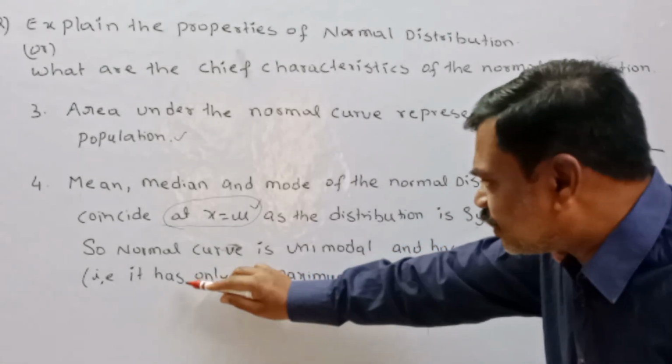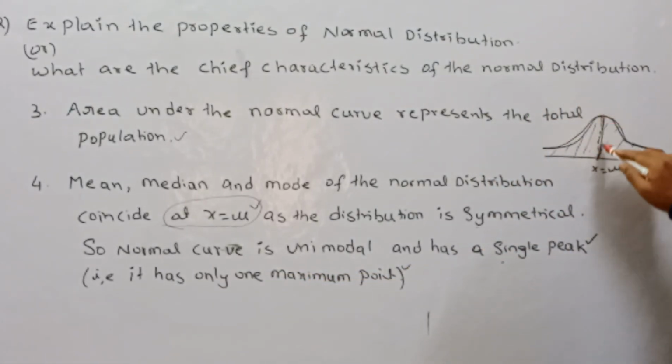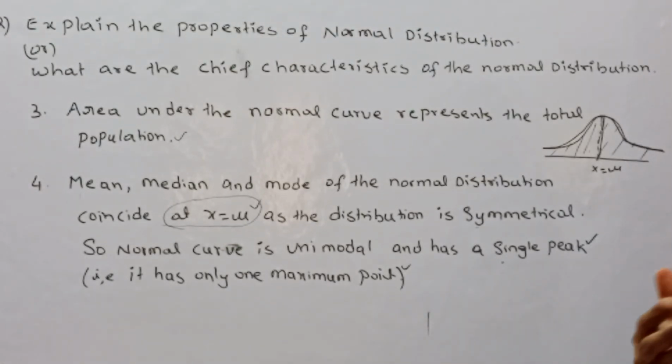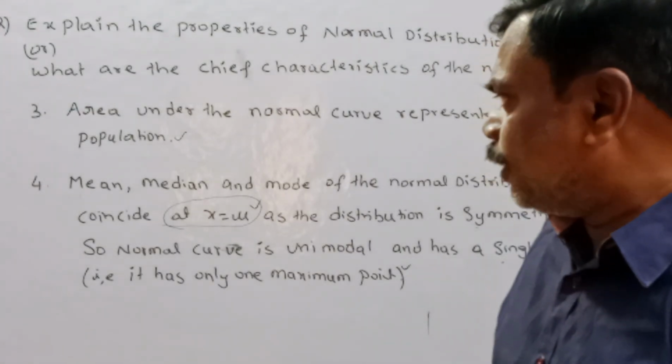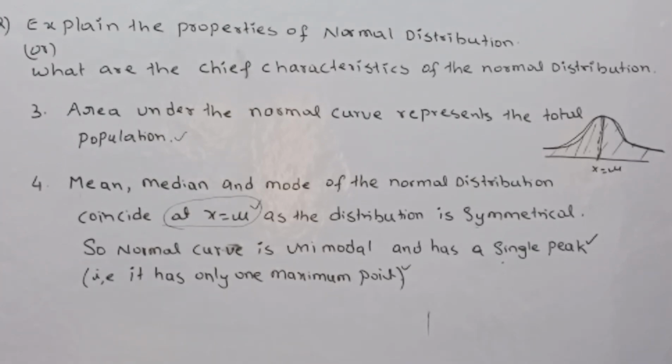This is the maximum point. So this normal curve is a unimodal curve, symmetrical about x equal to mu, and the mean, median, mode coincide at x equal to mu. Okay, all of you, these are the third and fourth properties of the normal distribution.